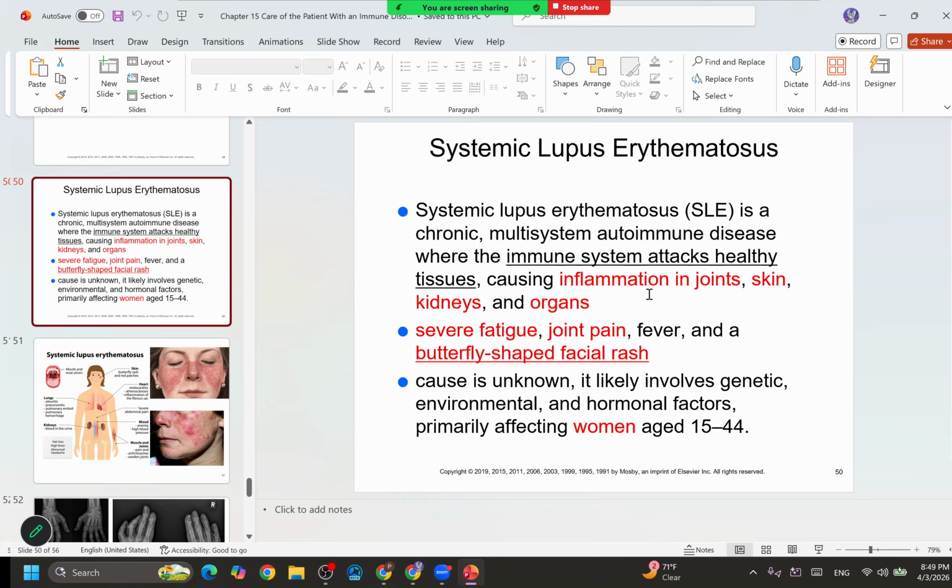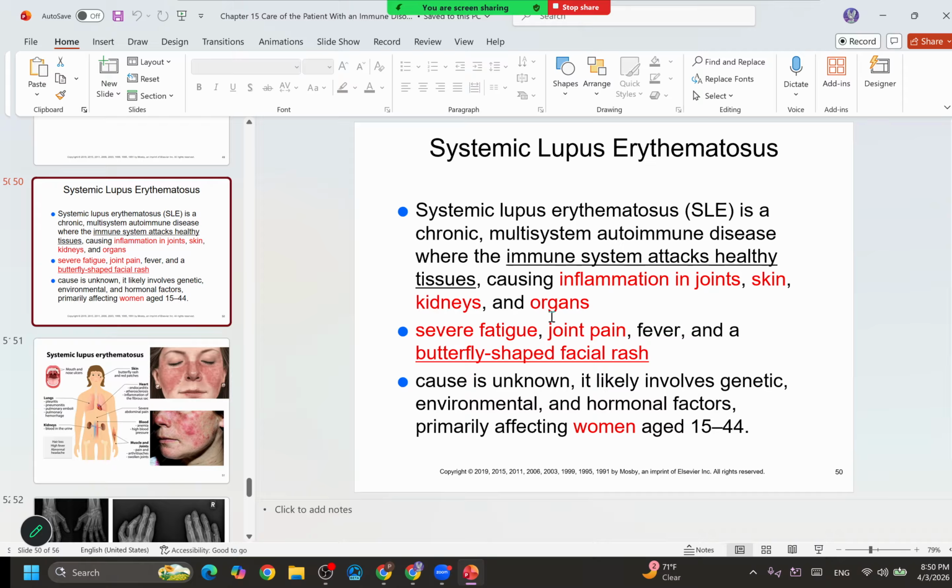If it's severe, it becomes organ failure, not just one organ but multiple organ failure. That's the reason we need to give medication to treat lupus. Because the attack on their own body will cause organ failure. We don't like it.